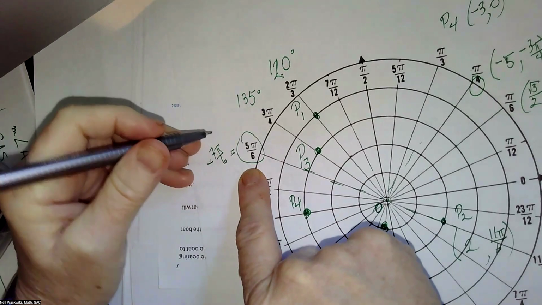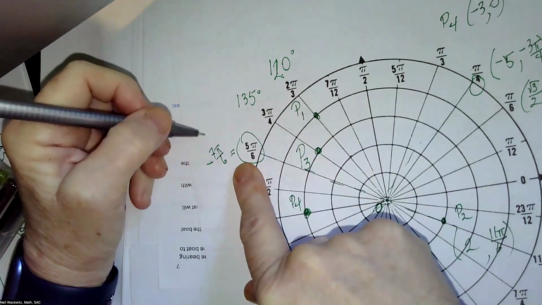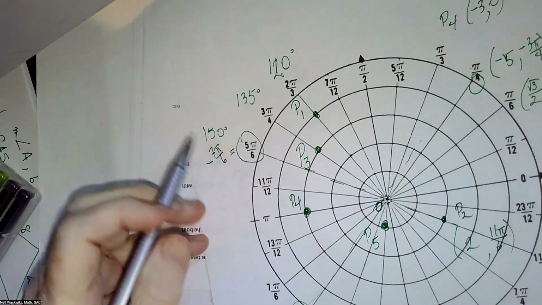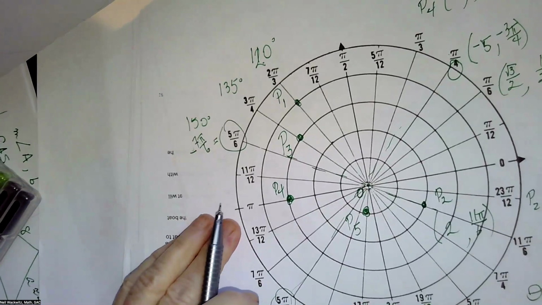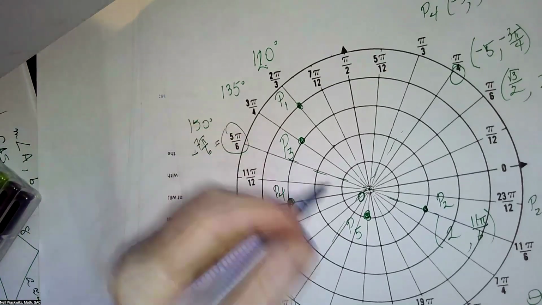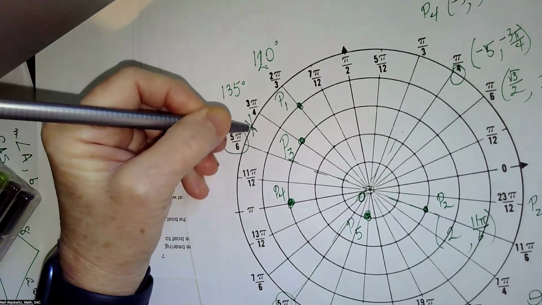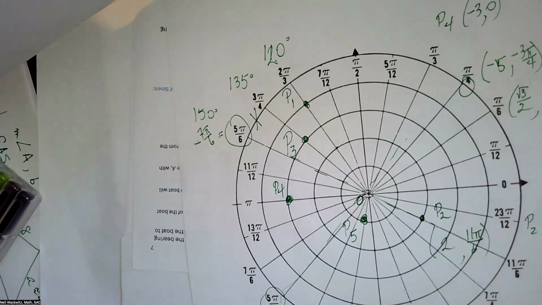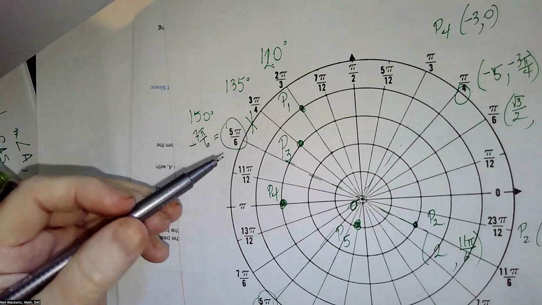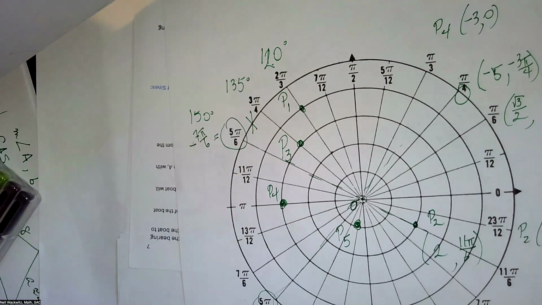So let's see, 5 pi over 6 is 120 plus 30 is 150. So our angle is between 3 pi over 4 and 5 pi over 6, closer to 5 pi over 6. And we said that R was 5. So we have 1, 2, 3, 4, 5. So to get our point in the correct quadrant, we had to take 180 and subtract it.